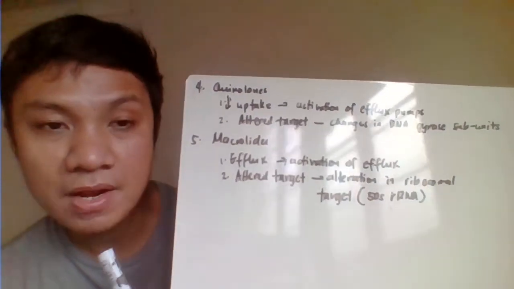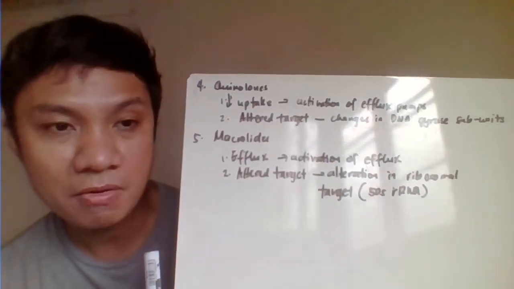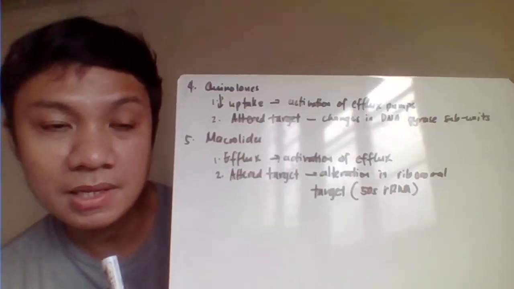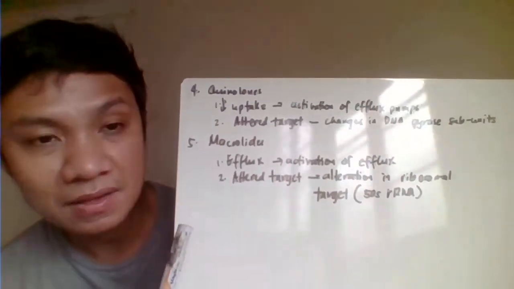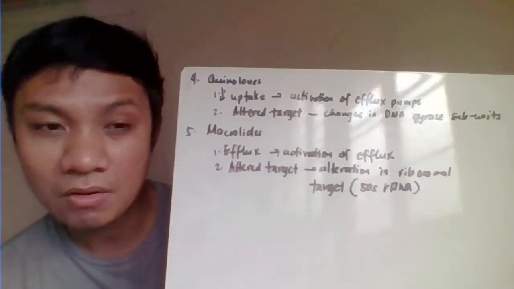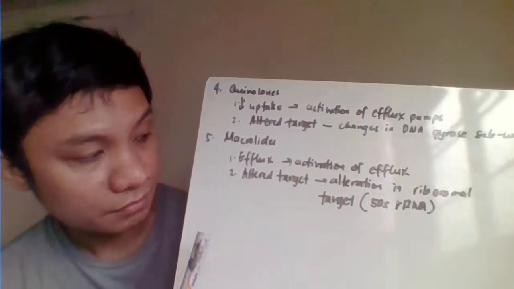And lastly, we have here the macrolide. Macrolide inhibits your protein synthesis by inhibiting your 50S ribosomal RNA. Bacteria are resistant to your macrolide because, number one, of the efflux system that would pump out your macrolide, preventing its entry in the cell membrane.